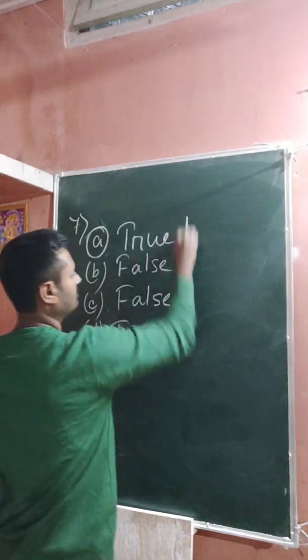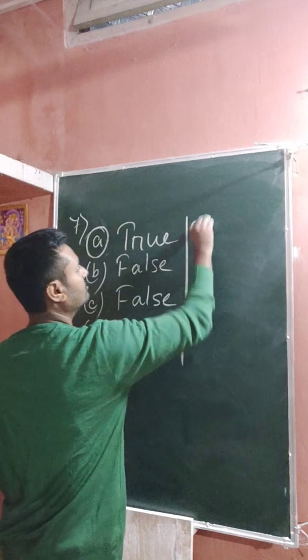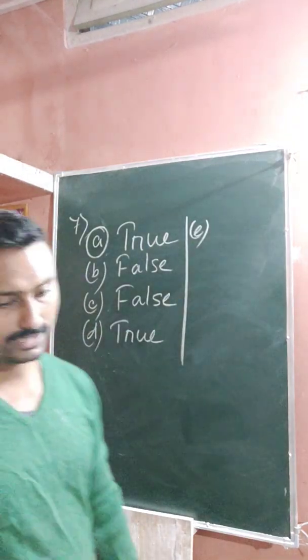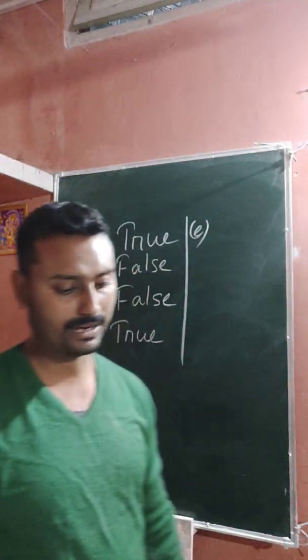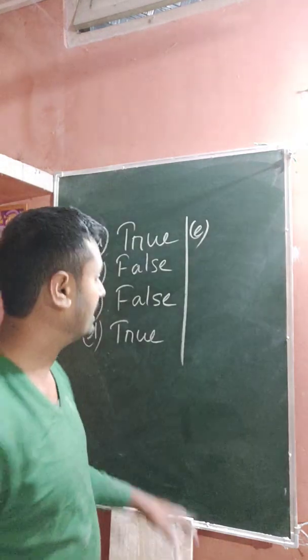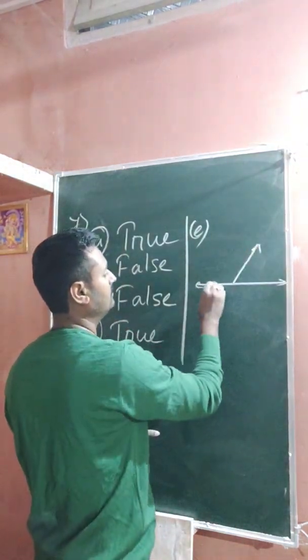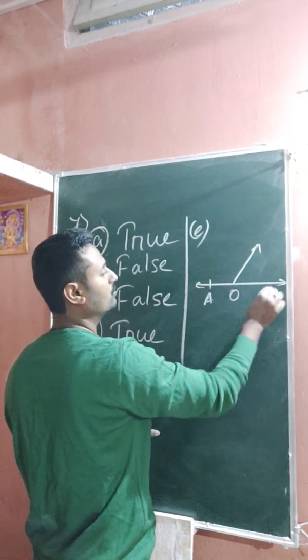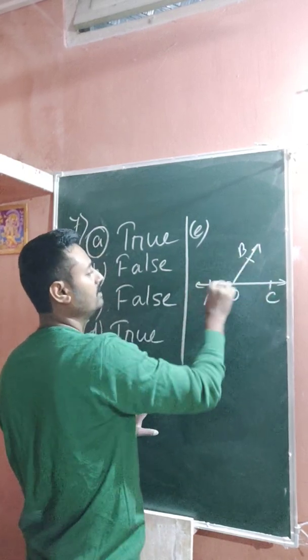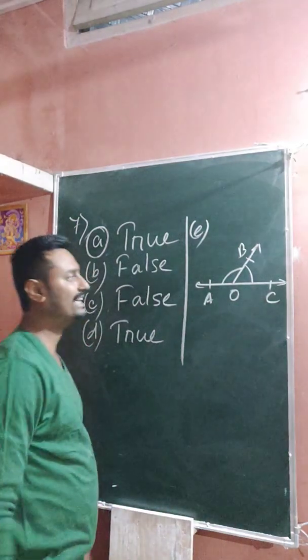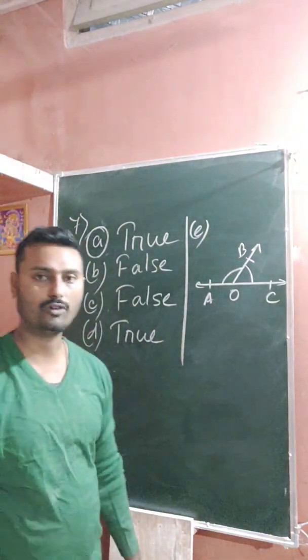Now question E. It is given that the outer arms of a linear pair of angles lie in a straight line. Suppose this is point A, this is O, and this is point B. Then angles AOB and COB form a linear pair.